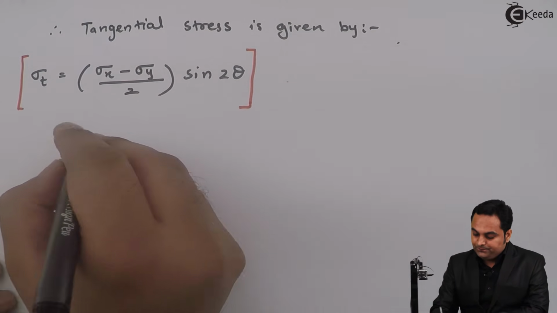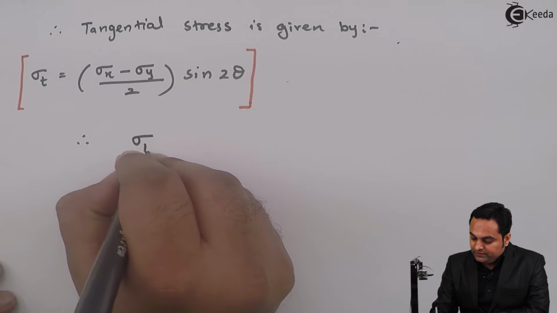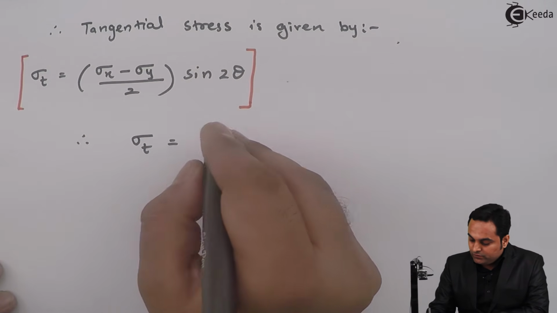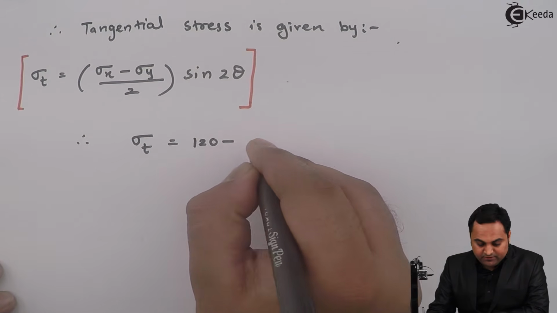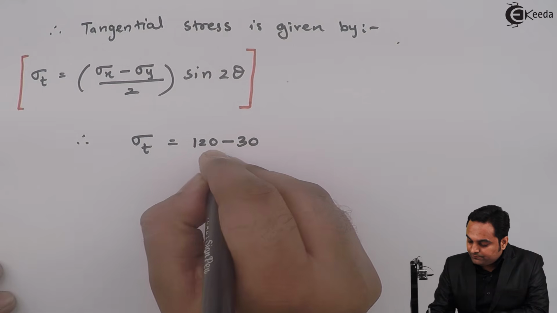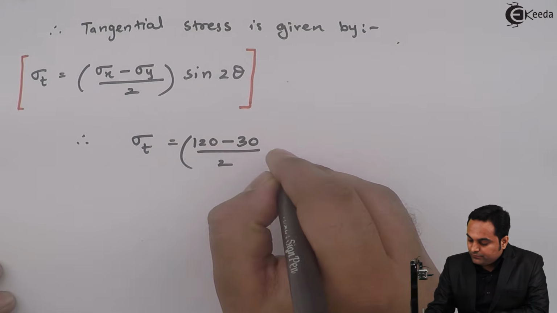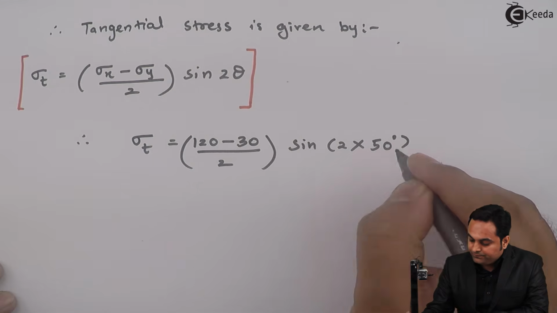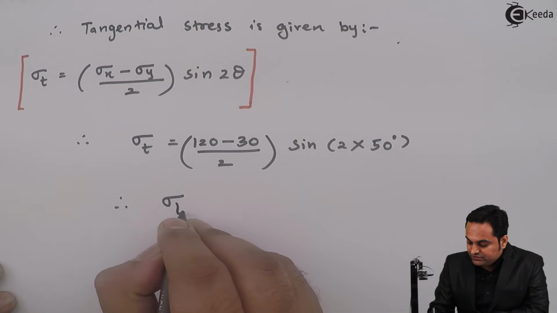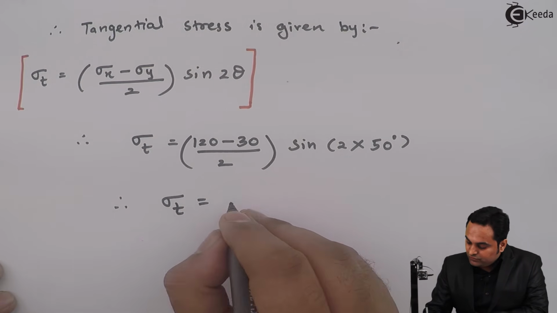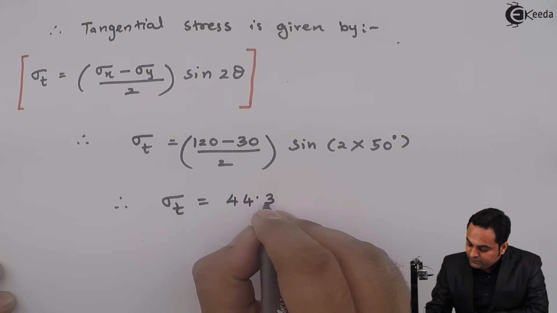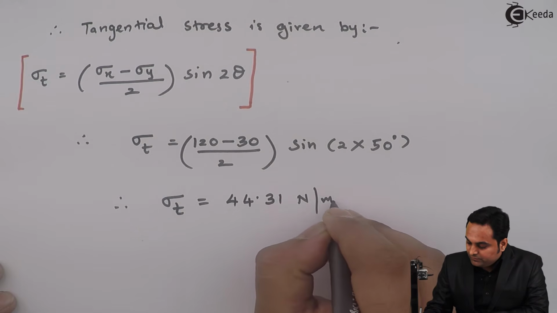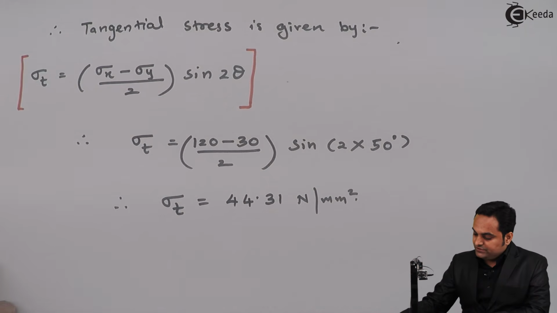So therefore sigma t is equal to sigma x 120 minus sigma y 30 divided by 2 into sine 2 theta, where theta is 50 degree. So therefore the tangential stress answer comes out to be 44.31 Newton per mm square. This is the second answer.